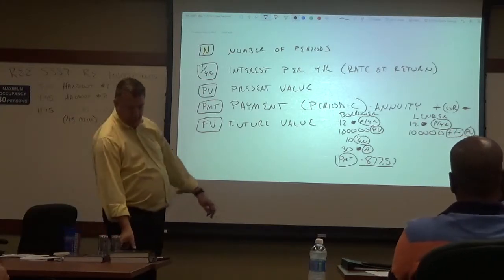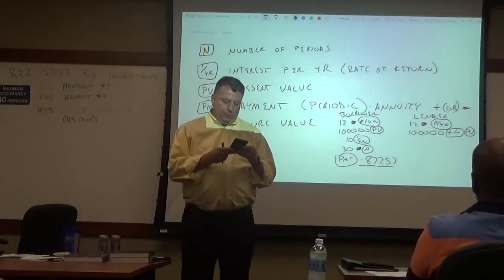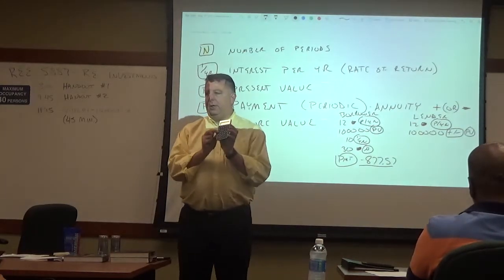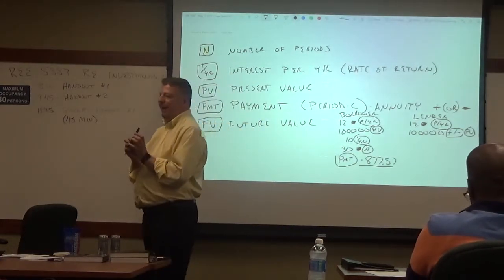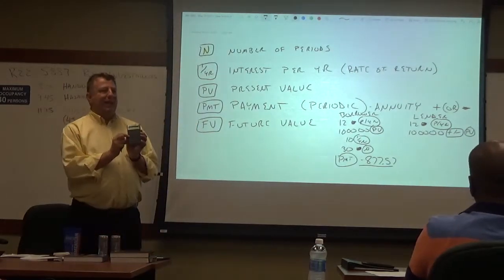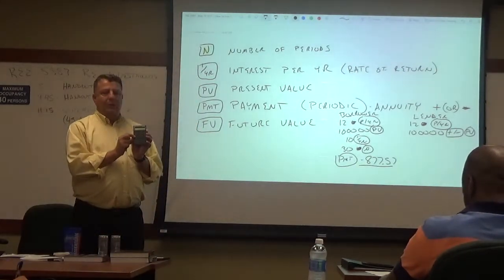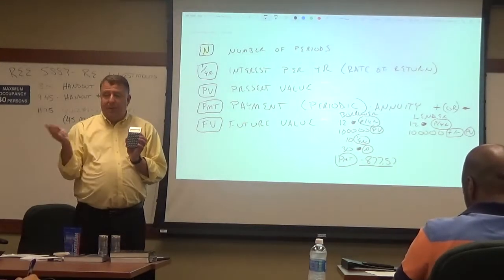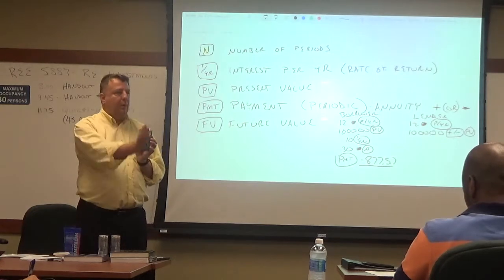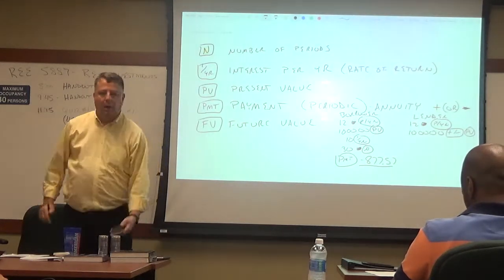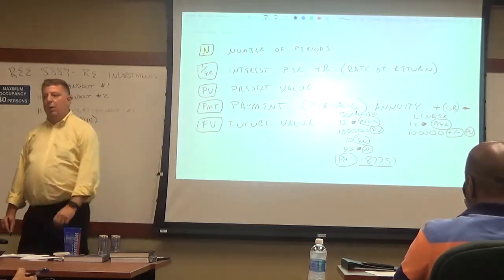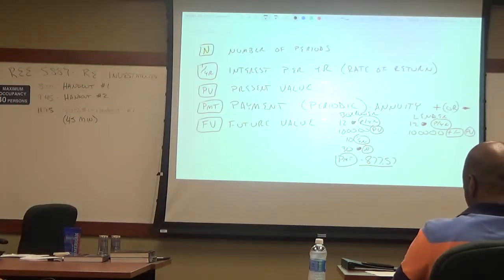On your calculator, over on the far left side, fourth key down, you see a little key that has +/-. That is the change sign key, which basically takes whatever's in the display and changes the sign from either positive to negative or negative to positive. So in this case, we are using that function to change the loan amount from being a positive 100,000 to being a negative 100,000.